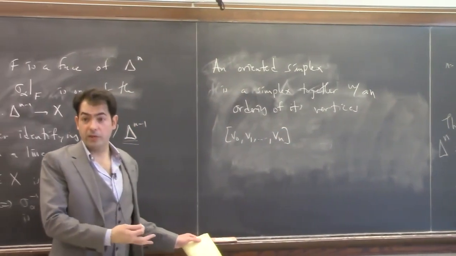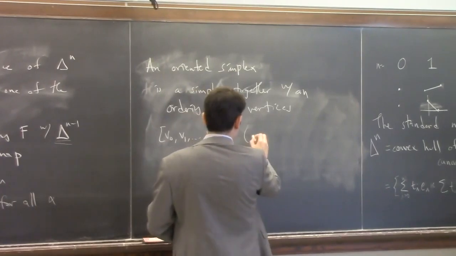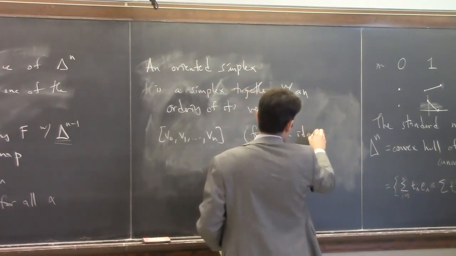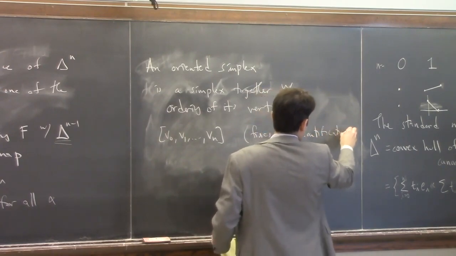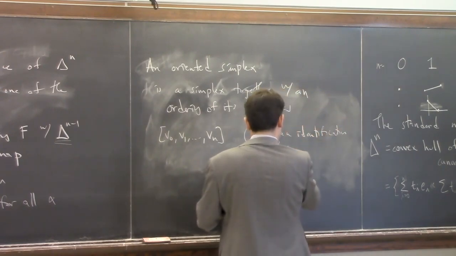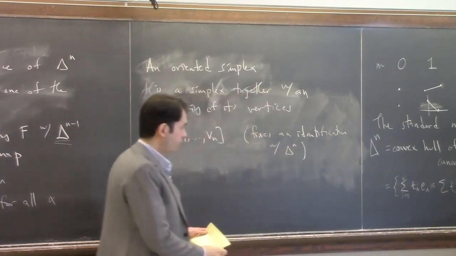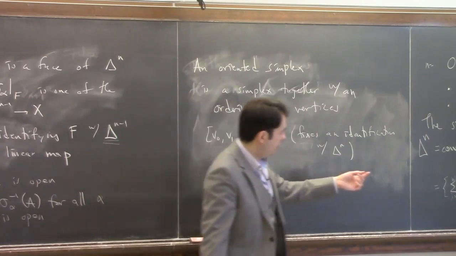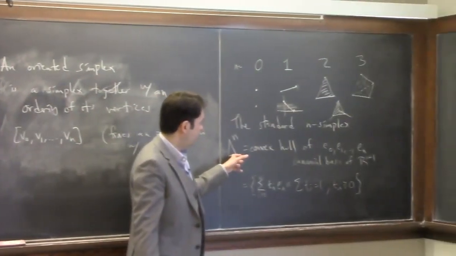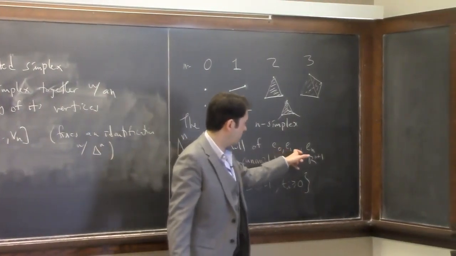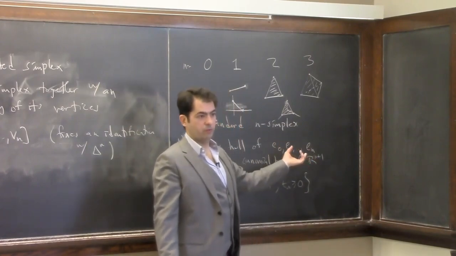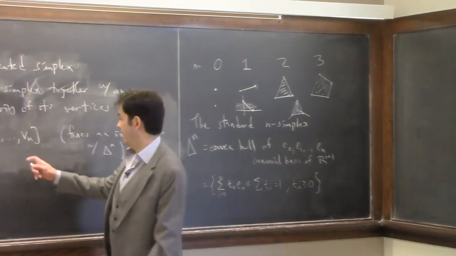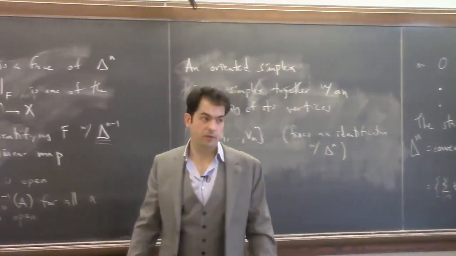When we do that, this fixes an identification with the standard simplex. You give me an ordering of the vertices, and then we identify each of the vertices with one of the canonical basis vectors, in order. So we have the standard orientation of Rn, and that's inducing the orientation here.